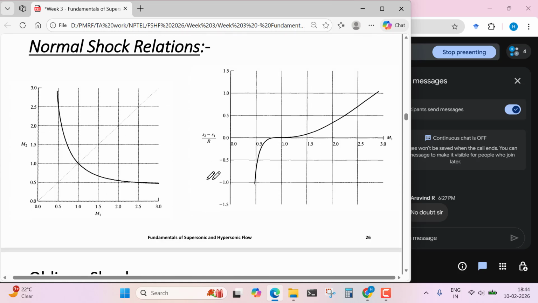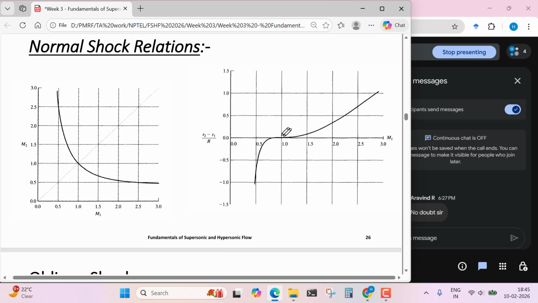Now we'll see some plots related to normal shock relations. On the left hand side, upstream and downstream Mach number are plotted against each other, and on the right hand side, entropy and Mach number are plotted. So first we'll see the entropy plot, S2 minus S1 upon R versus M1.